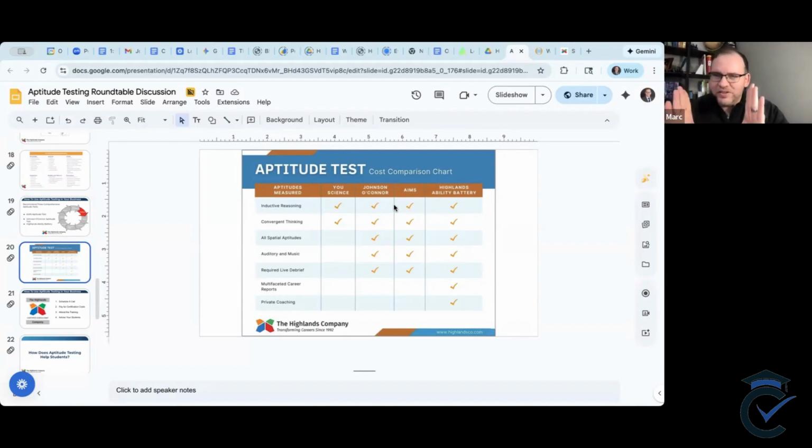For a consultant who has drank the Kool-Aid, is really into psychological assessments, the Highlands Ability Battery is awesome. It measures all of the audio aptitudes, all of the spatial aptitudes. The only thing it doesn't measure that the Ames and the Johnson O'Connor assessments measure is the hand-eye coordination assessment.